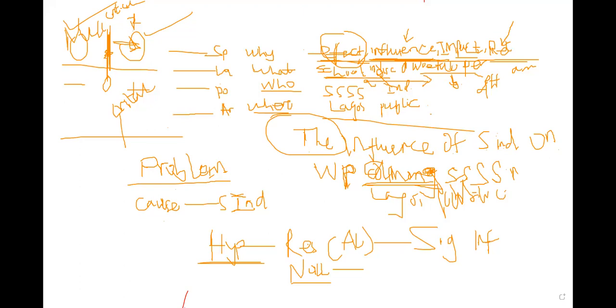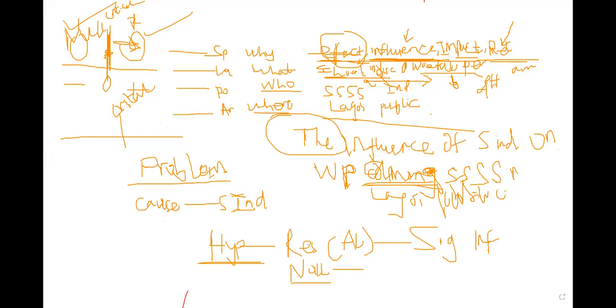I just want to give two examples that I can see. For example, there is a significant relationship between school indiscipline and the woeful performance of senior secondary school students in Lagos public schools.